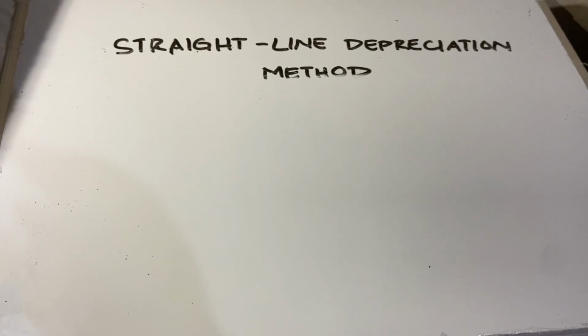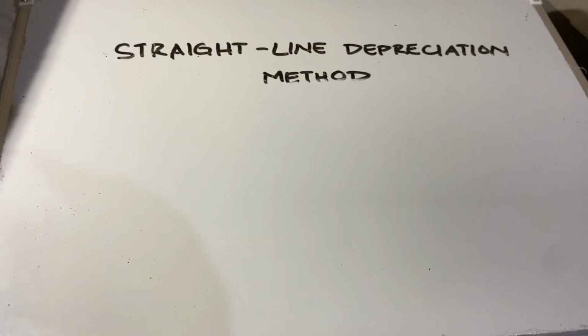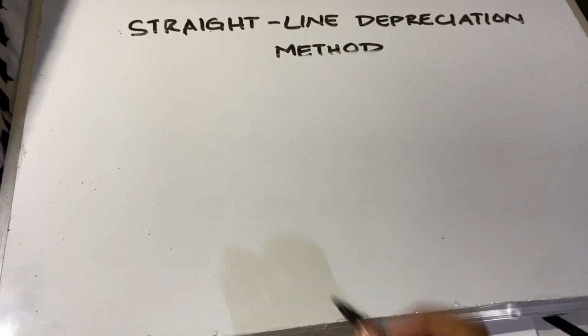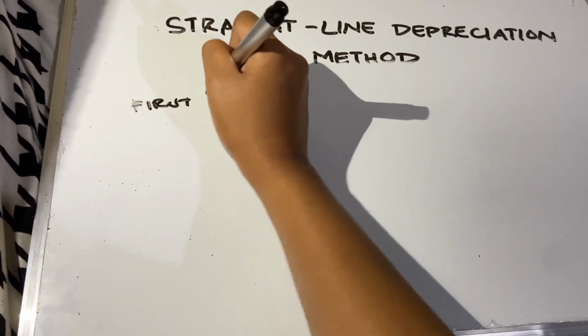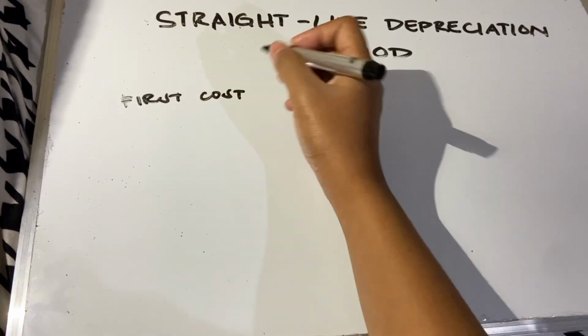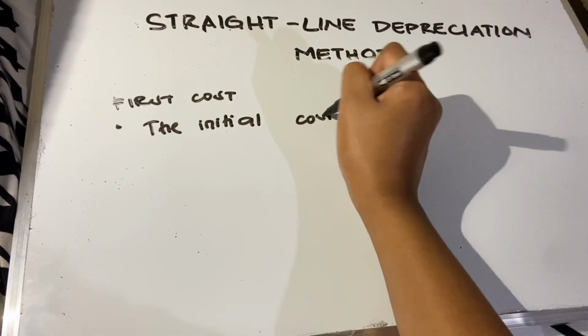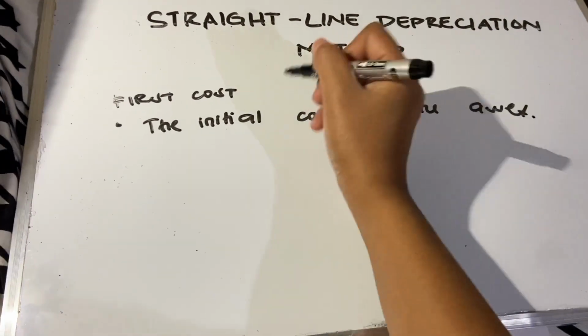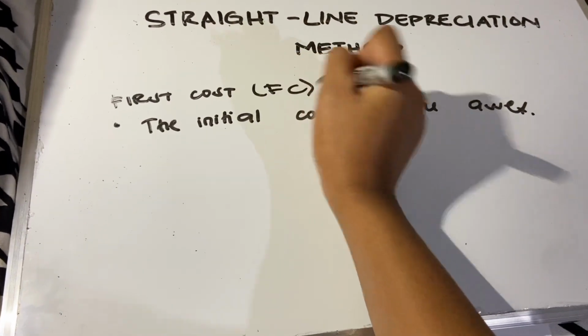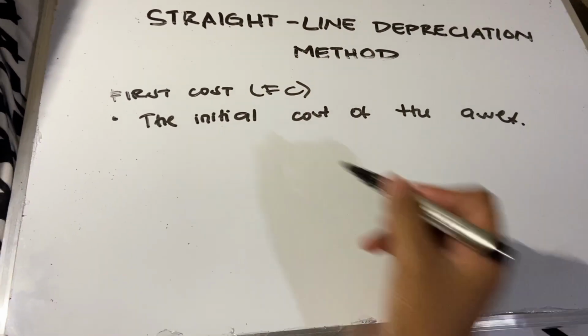So before we proceed to our formulas, let me define the variables. The first is the first cost. So the first cost, or the FC, is the initial cost of the asset.